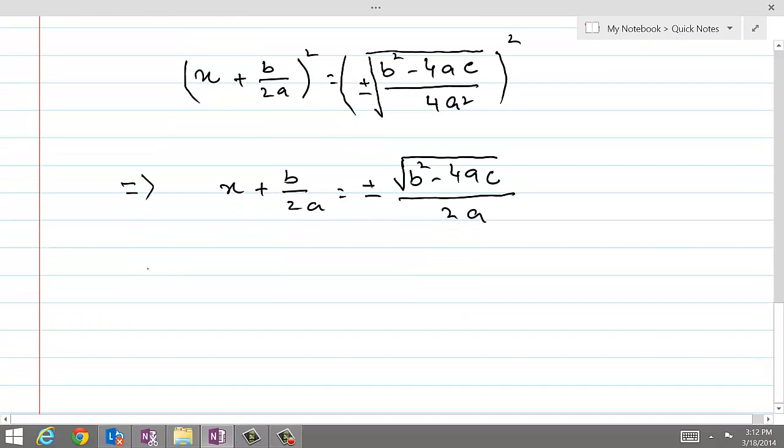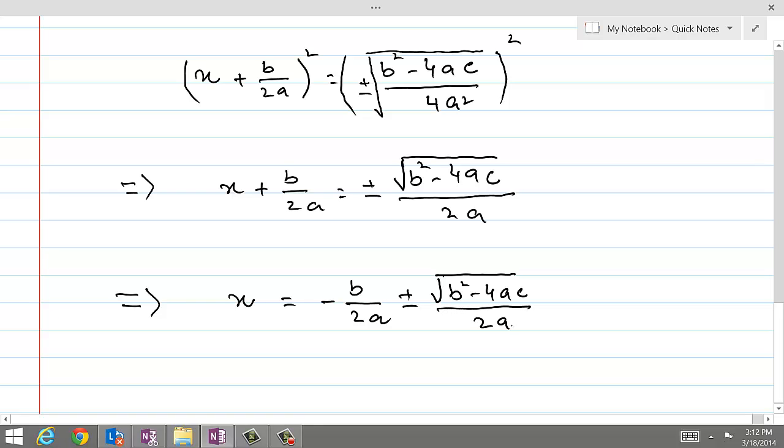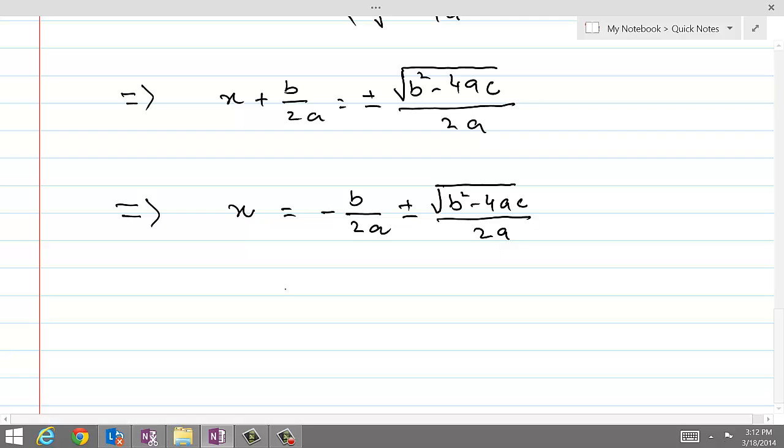Now we are going to transfer plus b over 2a to the right hand side. This will give us x equal to minus b over 2a plus minus the square root of b square minus 4ac over 2a. As you can see, the denominator on the right hand side is common, so we only write it once, that is 2a, and here we have minus b plus minus the square root of b square minus 4ac.